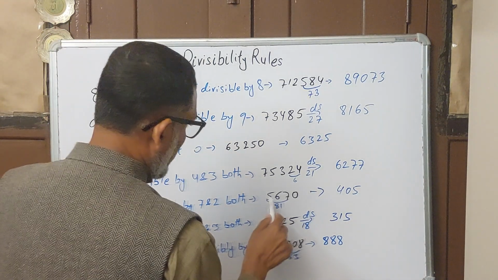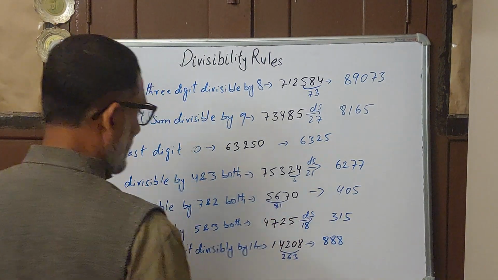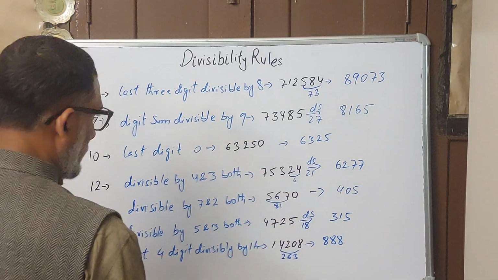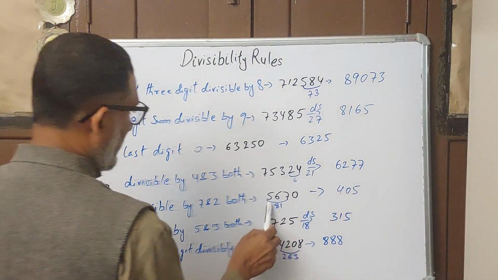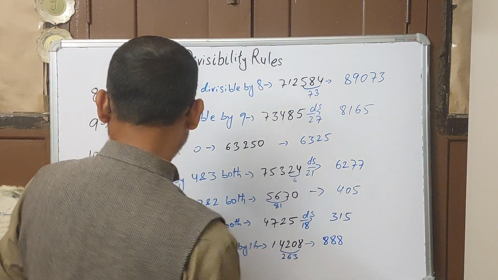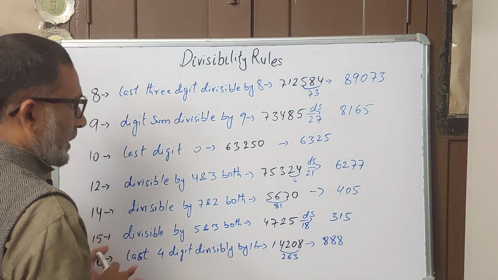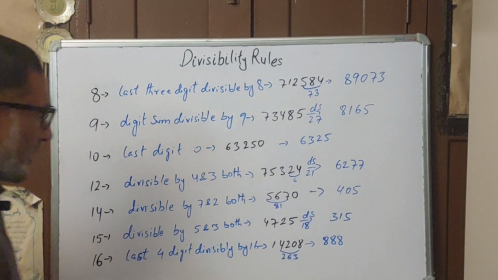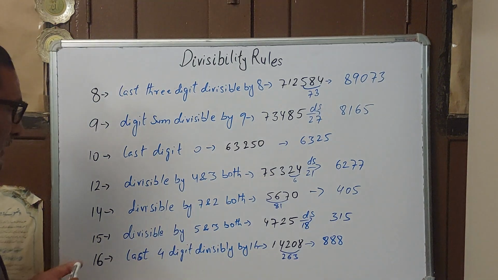We check 7 8s are 56, 7 is 7, it means it is divisible by 7, and the last digit is 0, 2, 4, 6 or 8, it means this is divisible by 2. So that means it is divisible by both 7 and 2. That means it is divisible by 14. So what do we get after dividing this by 14? 405. So I hope you understand.